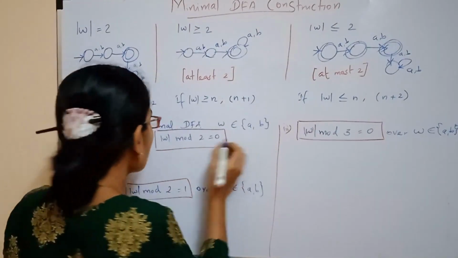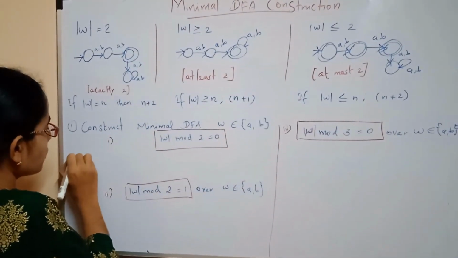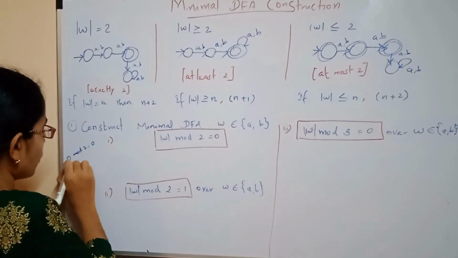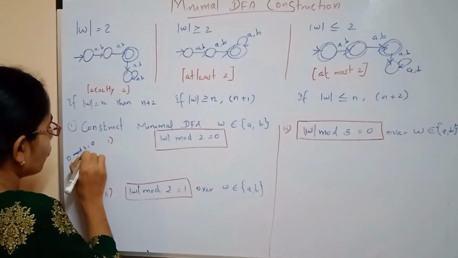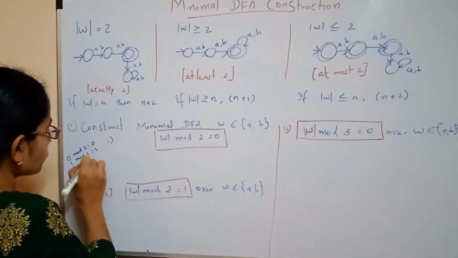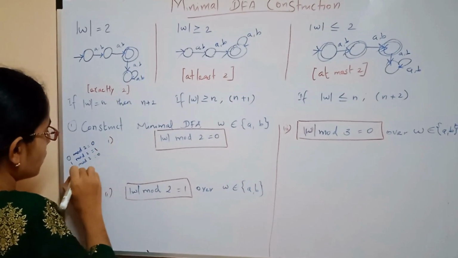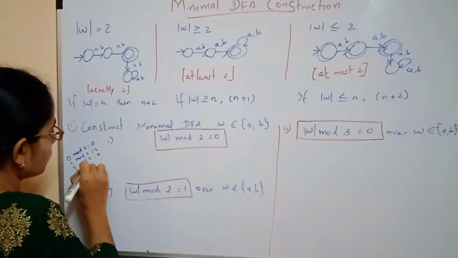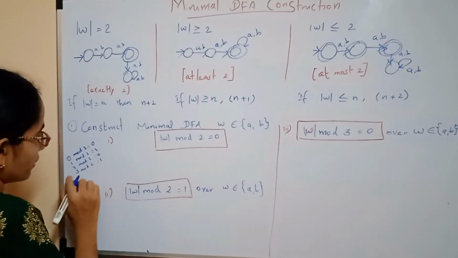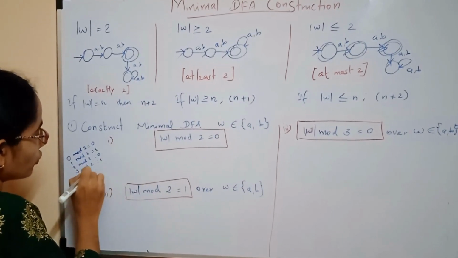You would have learned in mathematics: 0 mod 2, the answer is 0. 1 mod 2 is 1. 2 mod 2 is 0. 3 mod 2, you get 1 as the remainder. 4 mod 2 is 0.